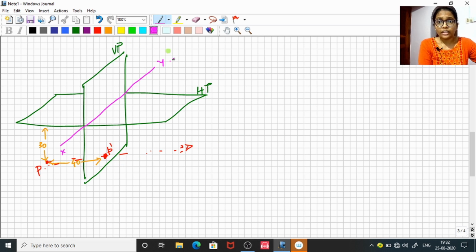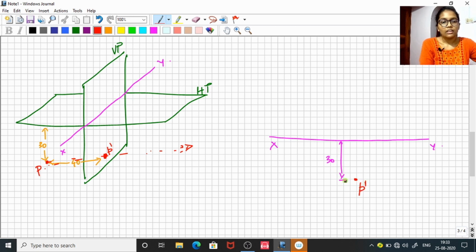And while drawing, see, this observer views this point P 30 mm below XY. So this time the front view is under XY. About 30 mm below your point P dash comes.